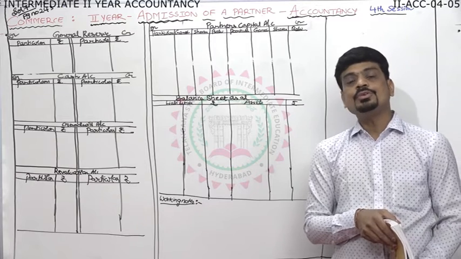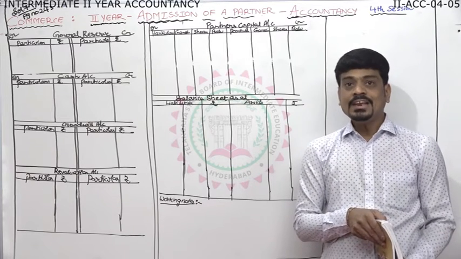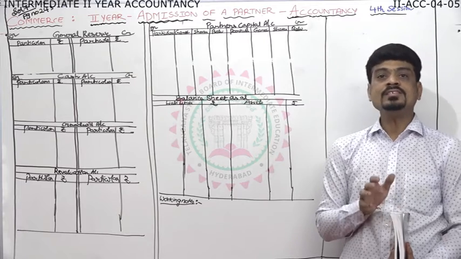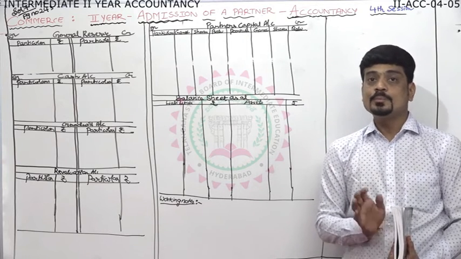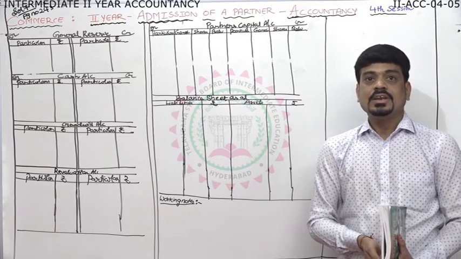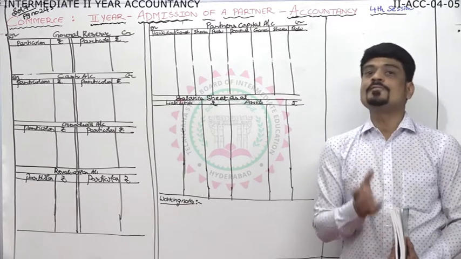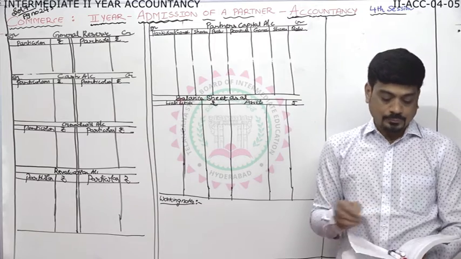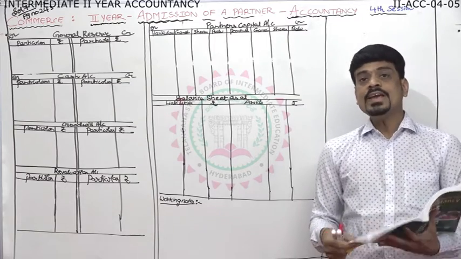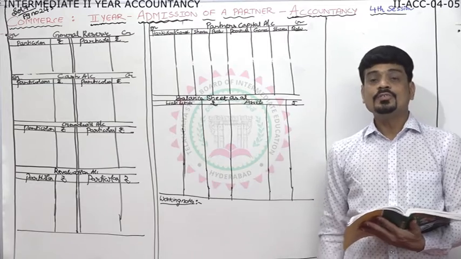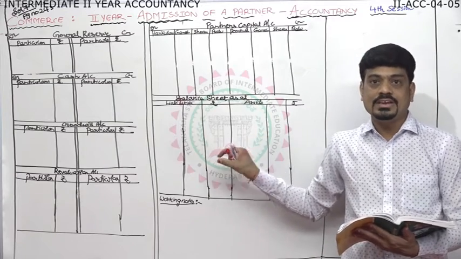Now, today I am going to teach you the second case of goodwill, that is when the new partner brings the goodwill in cash, but it is withdrawn by old partners. In the sense, whatever share of goodwill the partners get, they are going to withdraw. So, today we are going to see problem number 7 of your textbook, which is of the goodwill withdrawn case.